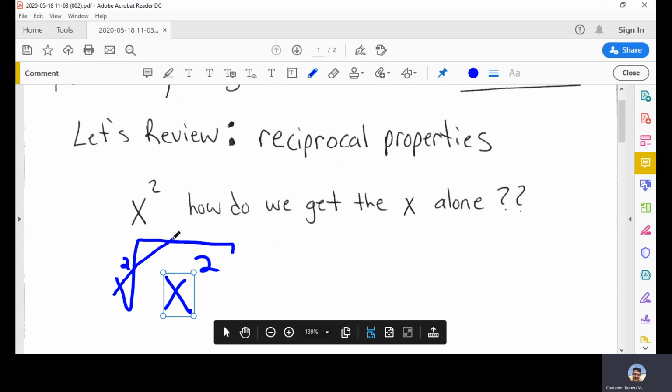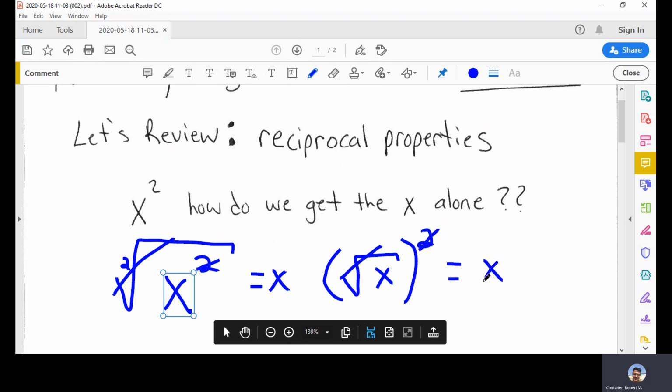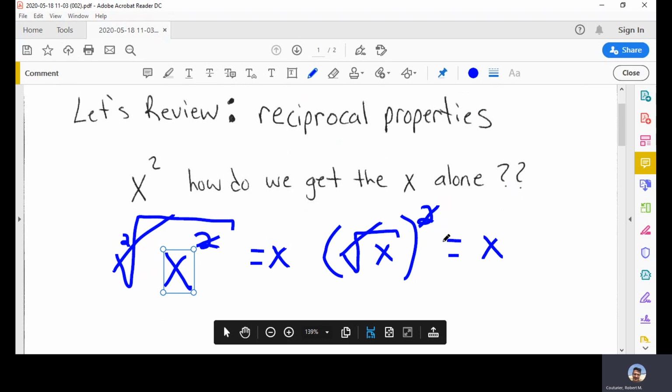So the square root cancels the square, and you're left with x. And of course, it's the same thing in reverse. If you have the square root of x, how do you get that by itself? Well, if you square it, the square cancels the square root, and you're left with x. That's our first thing we have to remember.